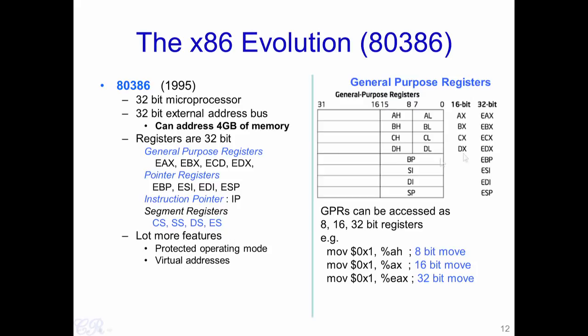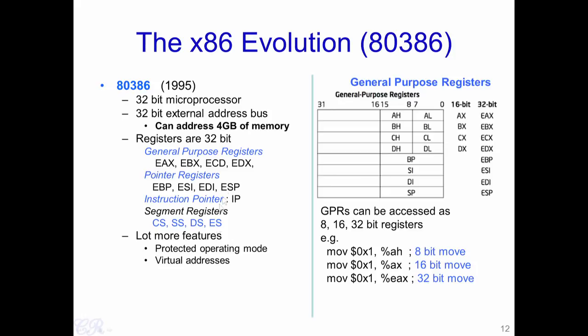To ensure this, even though the registers were extended from 16-bit to 32-bit, programs could still access the registers as if only 16 bits were available. For example, AX, BX, CX, DX would access the lower half of the extended registers, that is, register bit 0 to bit 15.